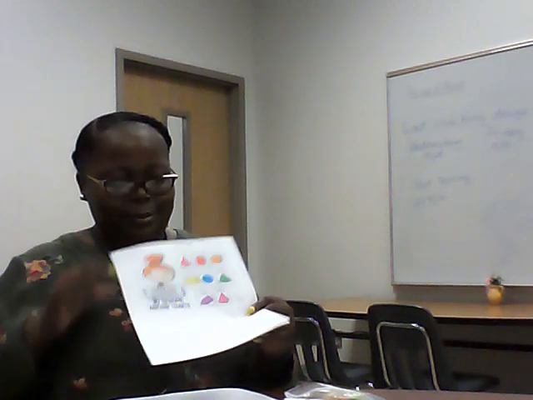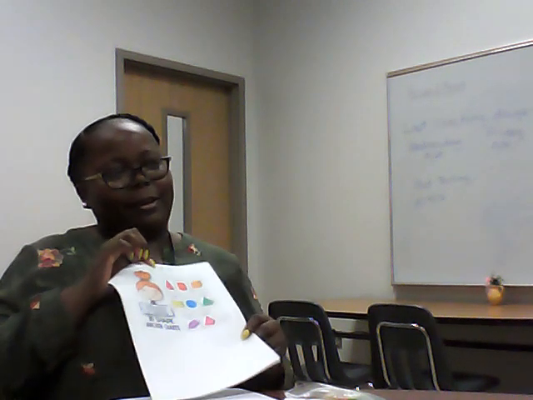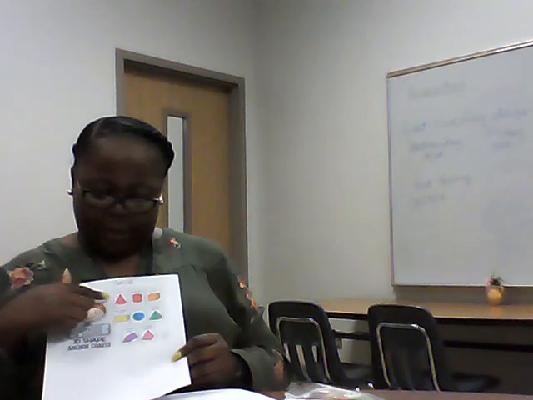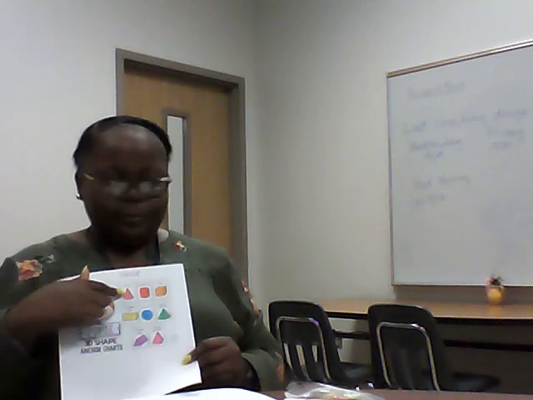So now we're going to go over our three-dimensional shapes. Two-dimensional shapes are flat. So what are three-dimensional shapes? They're not flat, they're solid. So what are our three-dimensional shapes?